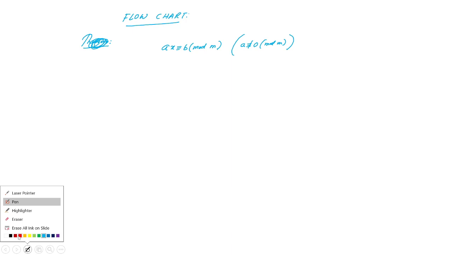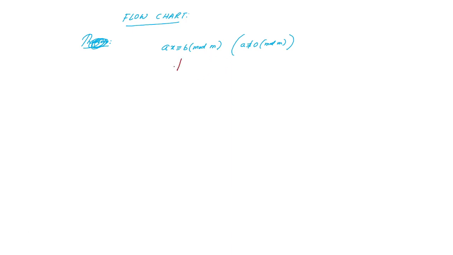You have a linear congruence ax congruent to b modulo m. That flow chart is very, very important for the solution. Here a is not congruent to 0 mod m. How to solve? You will calculate the GCD.